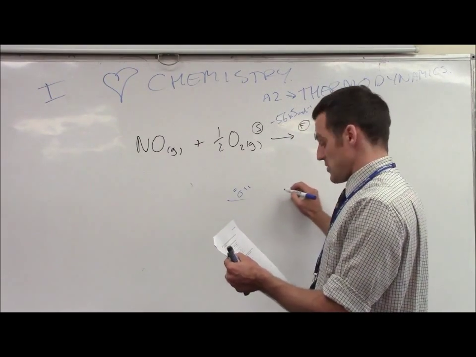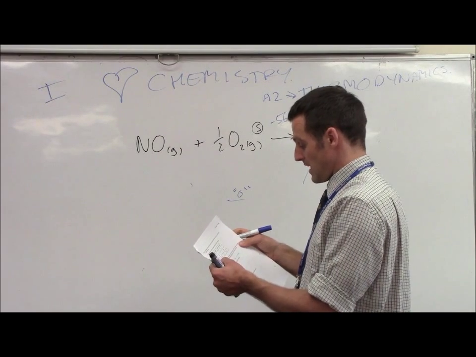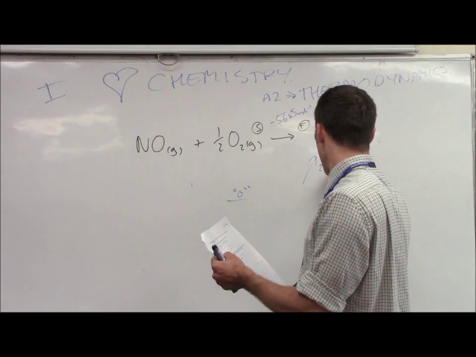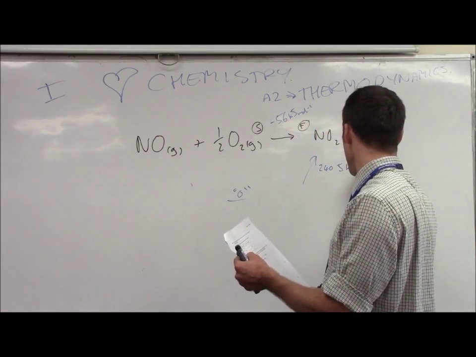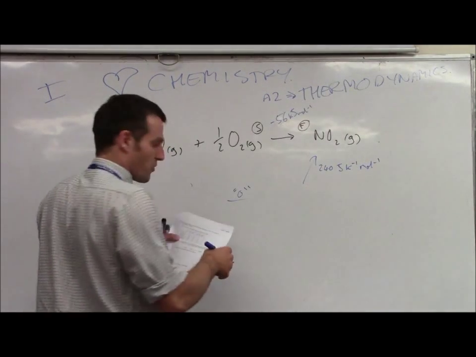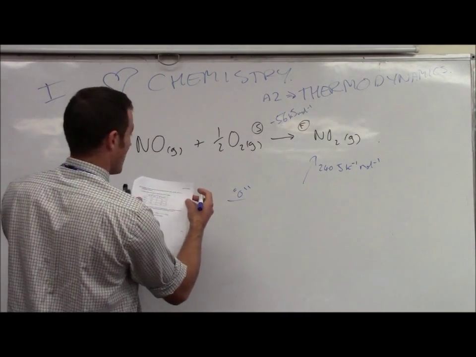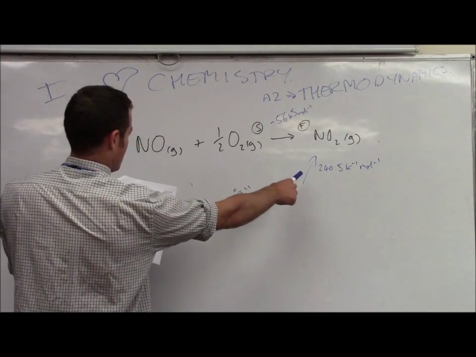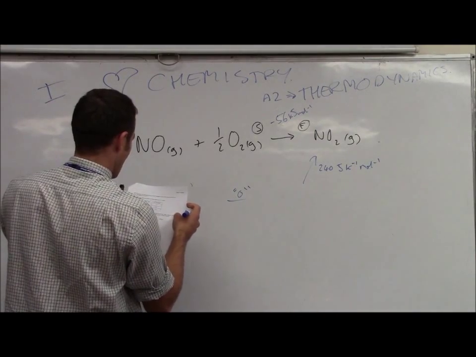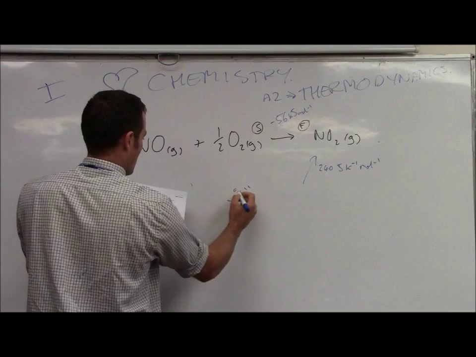Nitrogen dioxide is 240 joules per Kelvin per mole above this hypothetical 0, or no disorder, perfectly ordered state. Oxygen, and we've got 1 mole, so that's per 1 mole, isn't it? Oxygen, for 1 mole of oxygen is 211, but I've only got half a mole there.